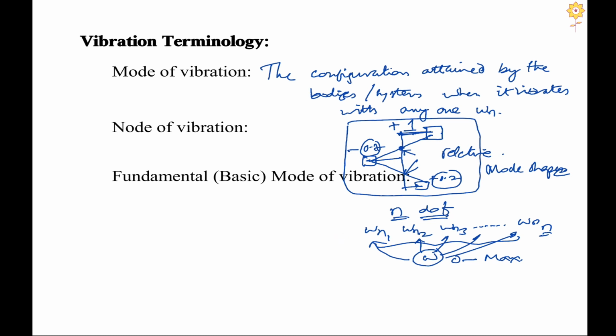Normally what we do, we sort all these omega n's in order, starting with the lowest value. The lowest omega n might be 0 sometimes, or may not be 0, so it depends on the case. Then we have the increasing values of omega n's. It can run into very large numbers.